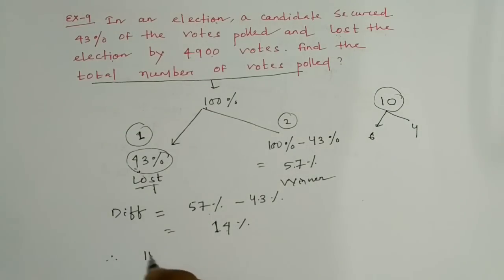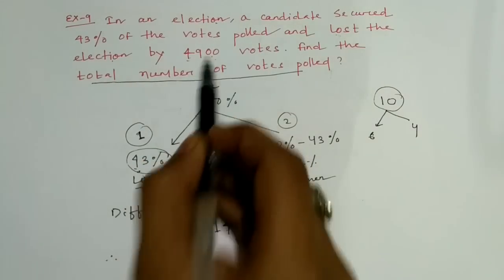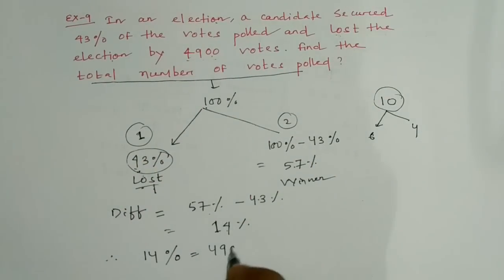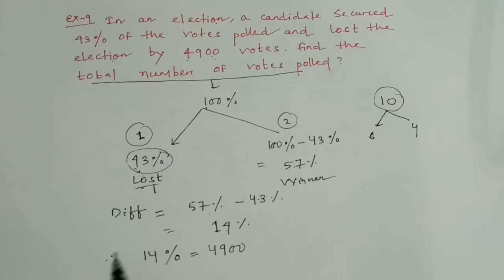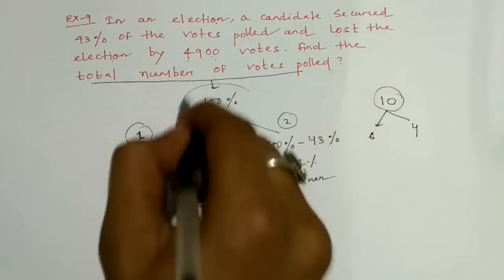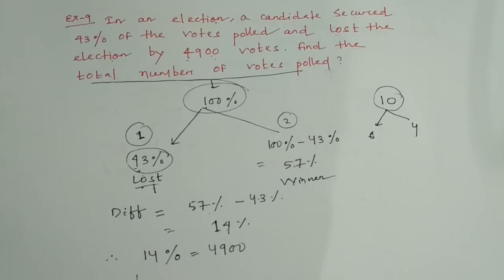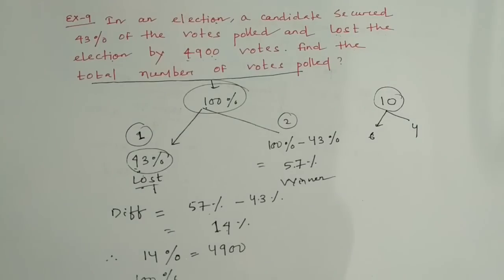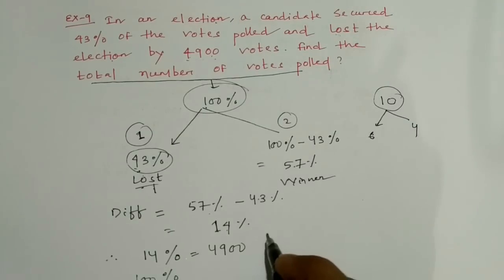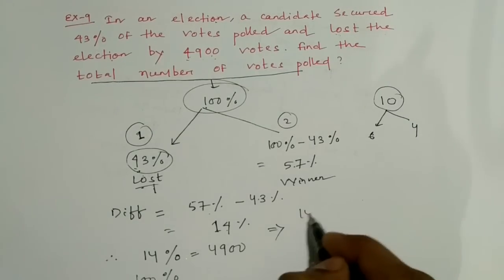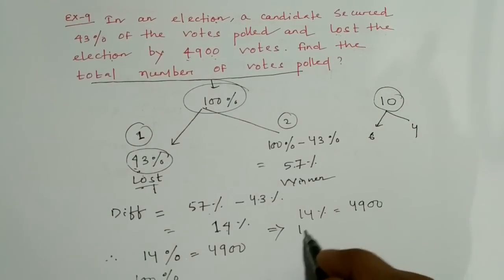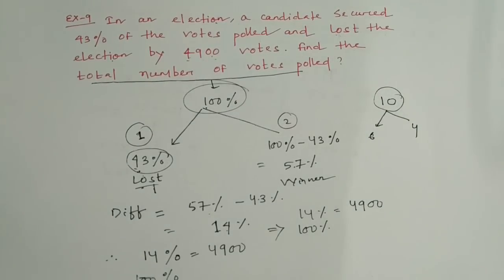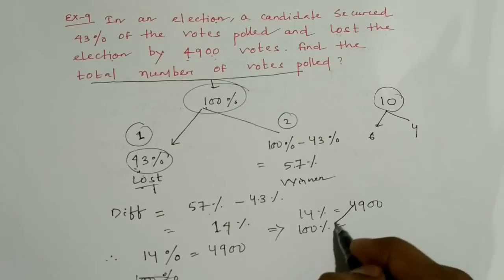As we know that 14 percent is 4900, and the question is to find the total number of votes polled, that is 100%. So we have to find the value of 100%. Let me write it here. 14% is equal to 4900. So 100% is, do the cross multiplication.